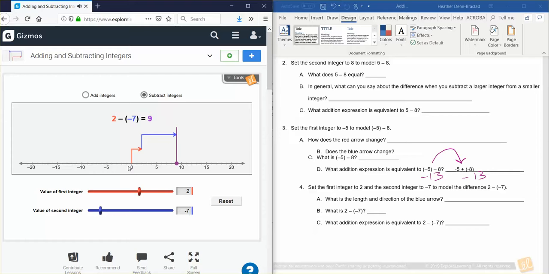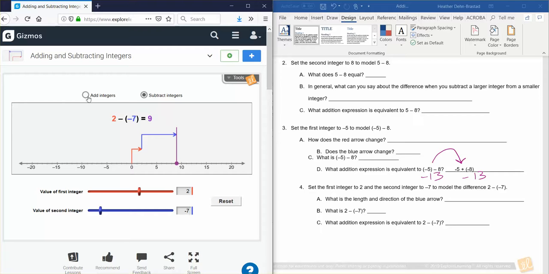So I start out going 2 to the right, but look here, instead of the minus sign telling me to go to the left, the minus a negative tells me to go even more to the right. So that's interesting. It's like these two minus signs, the minus and the negative, are undoing each other and turning it into a plus, because going to the right is usually a positive sign. So 2 minus a negative 7 is equal to 9.